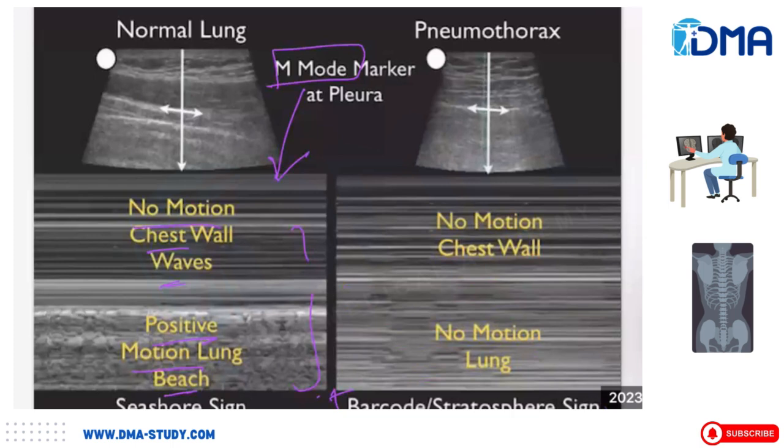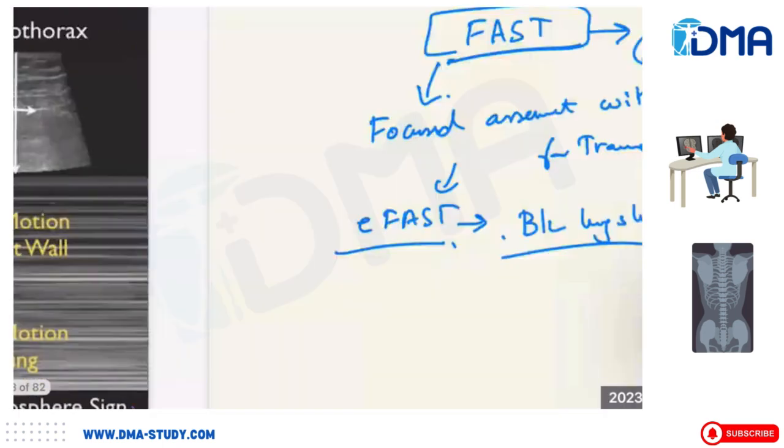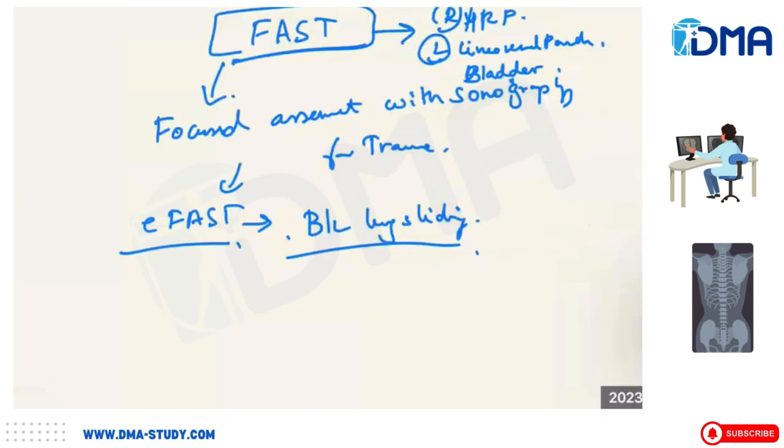Nowadays, in order to rule out all these things, they have introduced something called FAST. FAST is focused assessment with sonography for trauma. Any person coming with trauma, you have to assess the person. You have to first identify the sternum, chest, abdomen, iliac fossa.